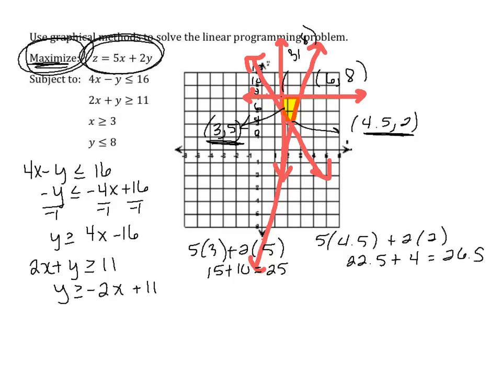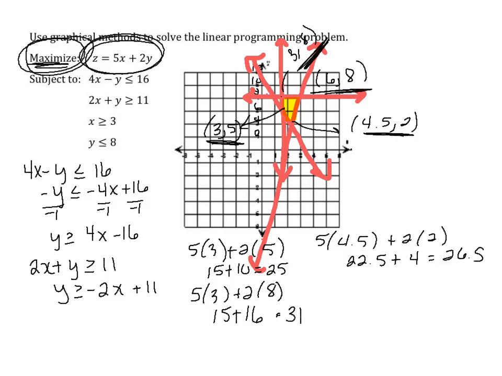Let's do the point 3, 8. So 5 times 3 plus 2 times 8, so 15 plus 16 gives me 31. So we're a little larger. And then let's try the last point, the top right corner point.